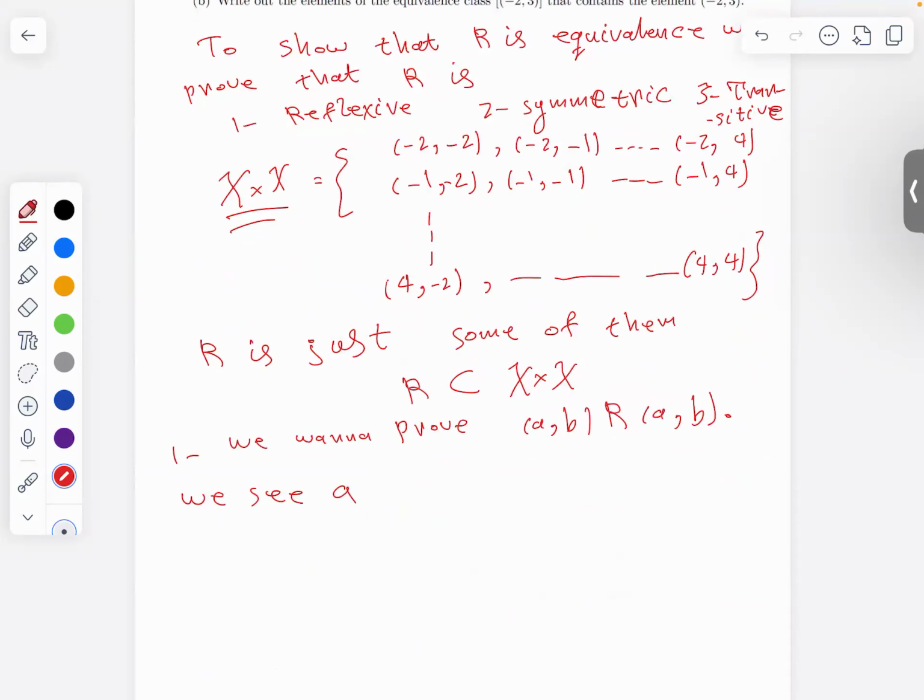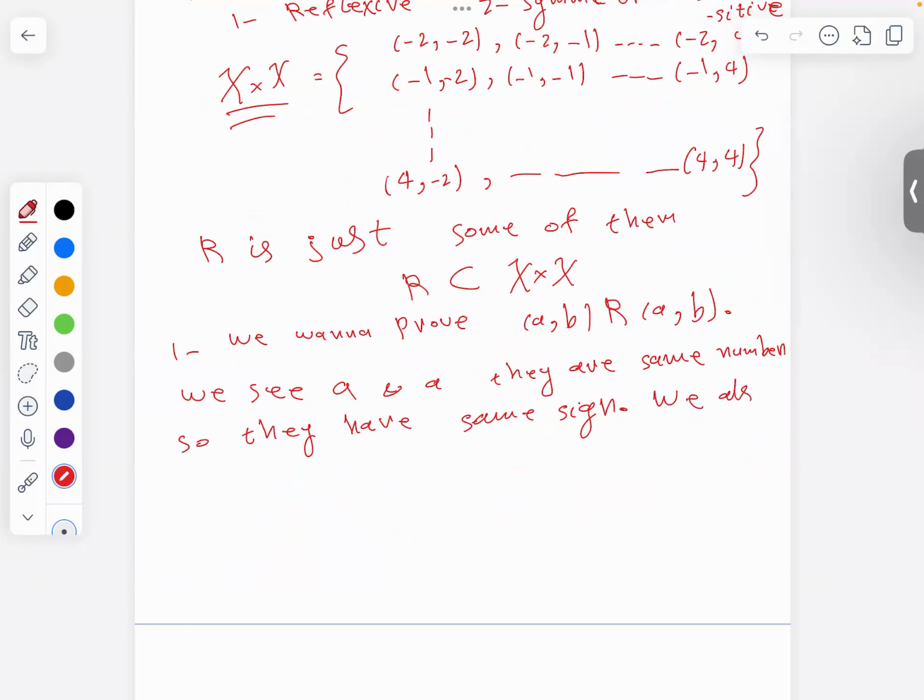A and A are the same number, so they have the same sign.